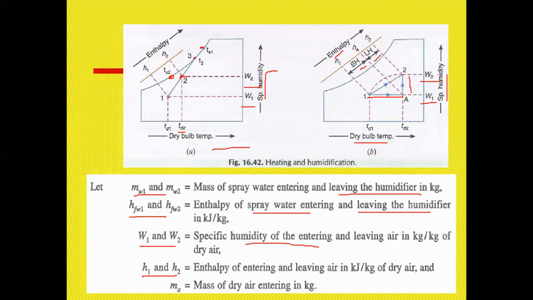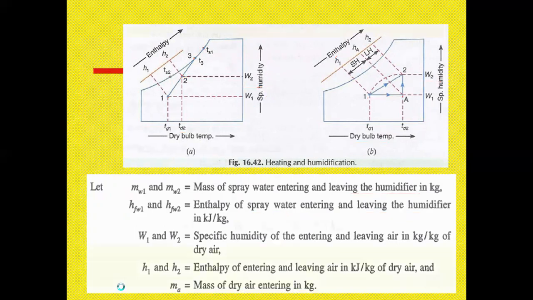H1 and H2 are the enthalpy of entering and leaving air in kilojoules per kg of dry air, and Ma is the mass of the dry air entering in kilograms.